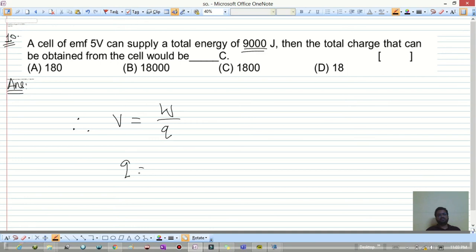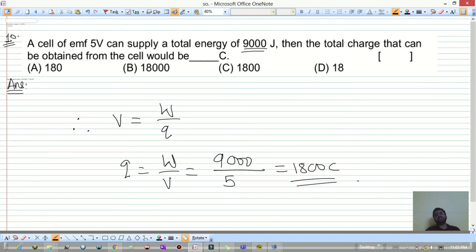So charge is work done divided by voltage: 9000 joule divided by 5. Calculating this, we get 1800 coulomb of charge from this cell. That indicates option C is the correct option.